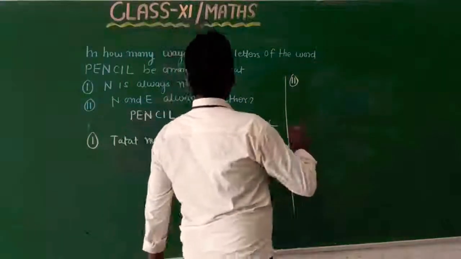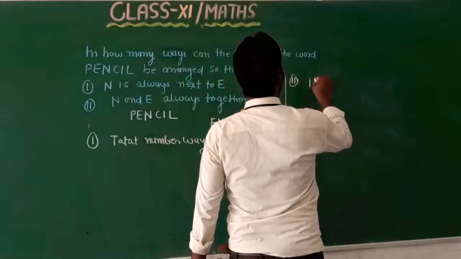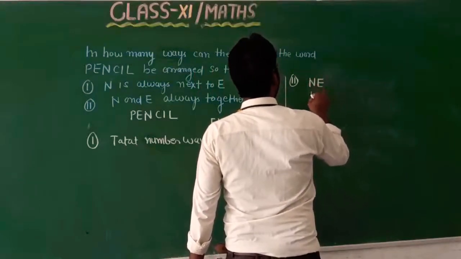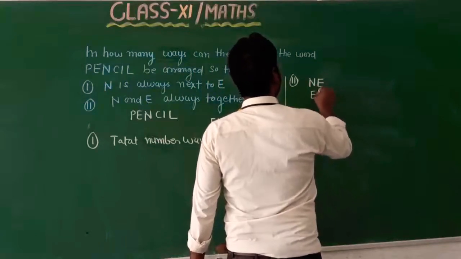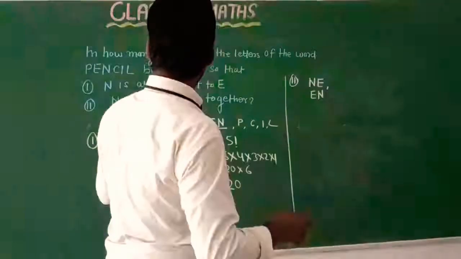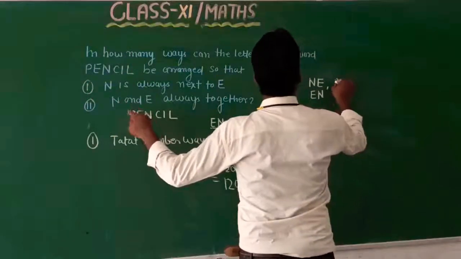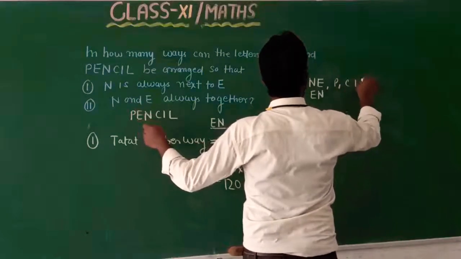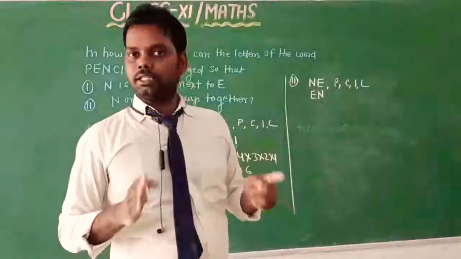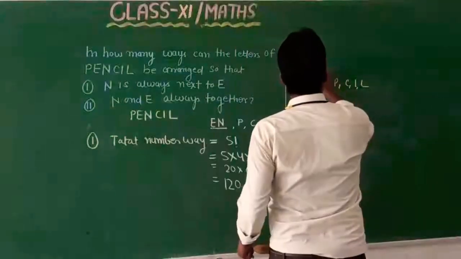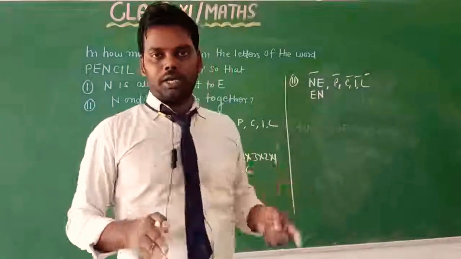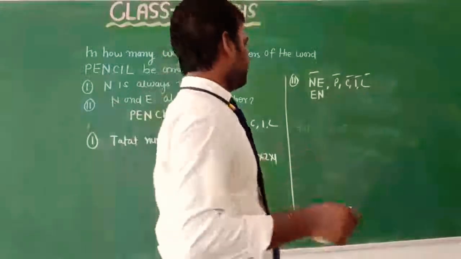So N and E always together means N E or E N. Now we are left with letters P and C, I, L. Okay, 4 letters. So again consider N E as a single letter. So therefore we have a total of 5 letters, 1 2 3 4 5. 5 letters arranged in 5 places in factorial 5 ways.